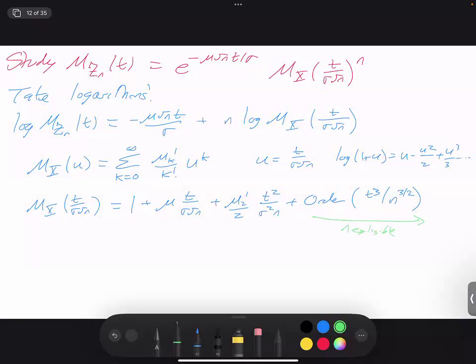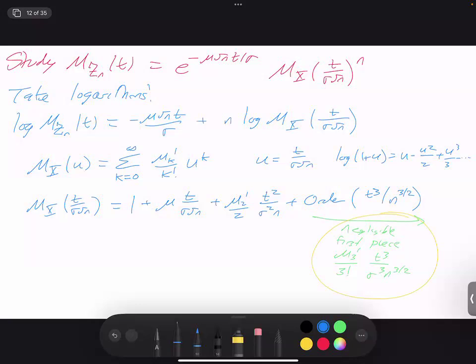But the first piece is going to be mu3 prime over 3 factorial, and then you'll have t cubed over sigma cubed n to the 3/2. This is where the lower order terms live. This is where those moments start to emerge, in these lower order corrections.